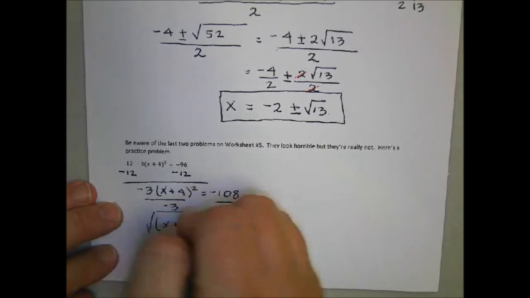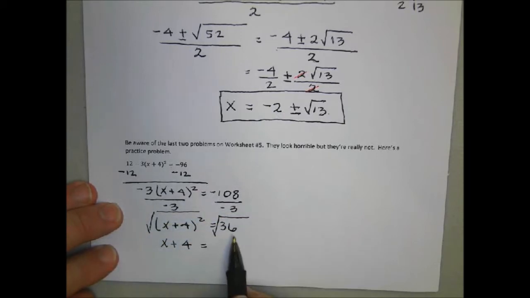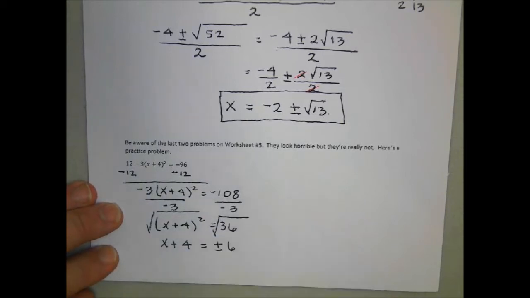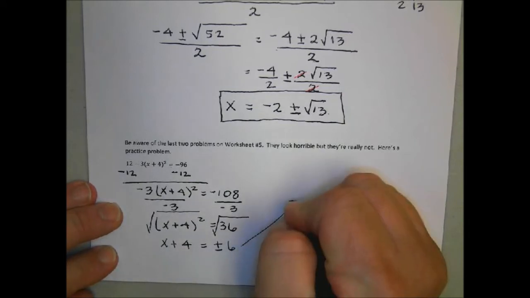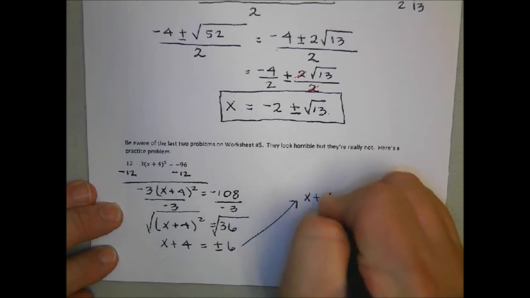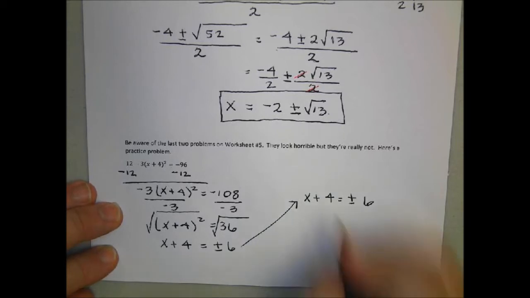Now the next step, I'm going to take square roots on both sides. And that leaves x plus 4 equals, remember the square root of 36 when I'm solving isn't just 6, it's plus and minus 6. So if I'm at that point, x plus 4 equals plus and minus 6.